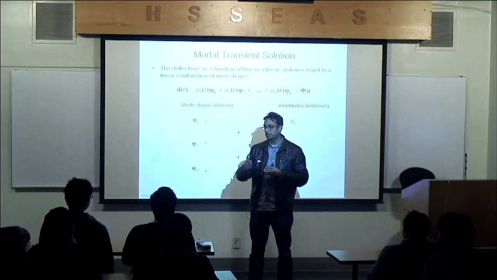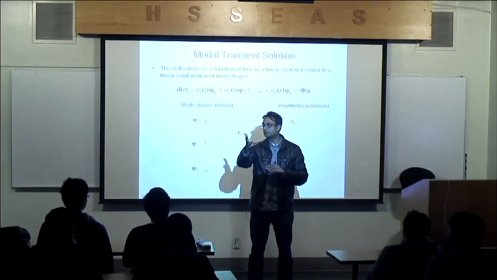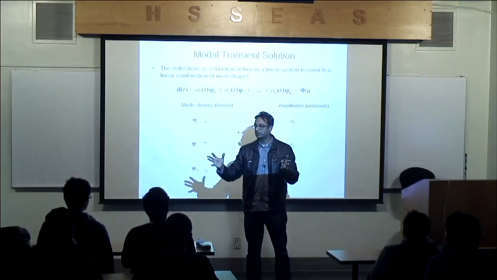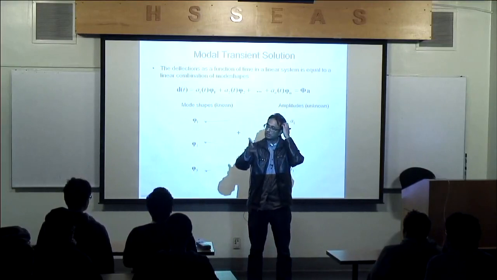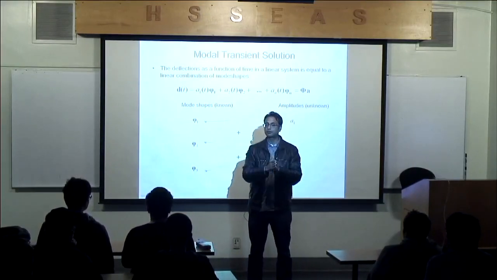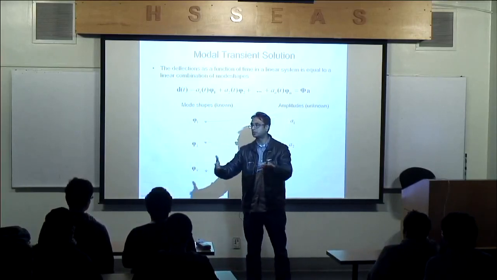Okay? And so, if I take that problem, that 1 million degree of freedom problem, if I only consider things up to 200 hertz, then instead of having a million eigenmodes and a million amplitudes, I can consider all the ones that go up to 200 hertz, which could be maybe 200 of them.